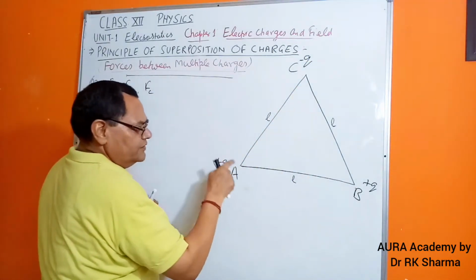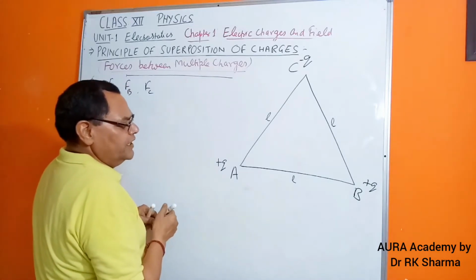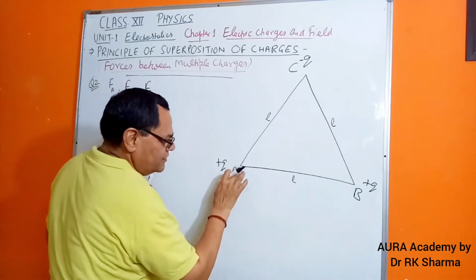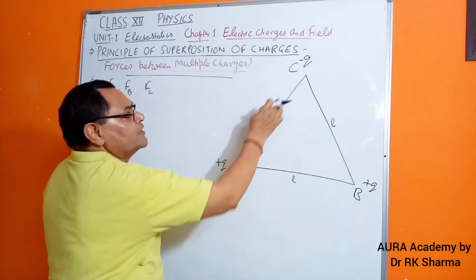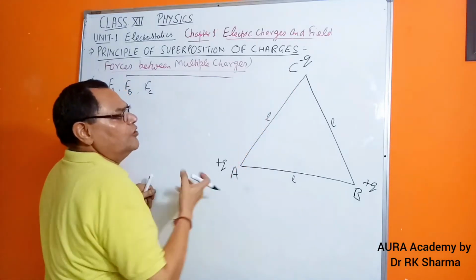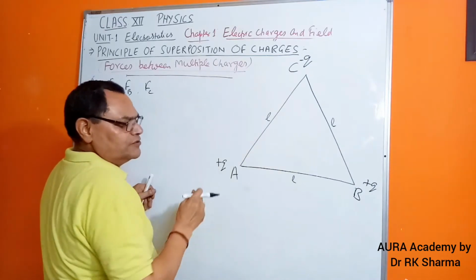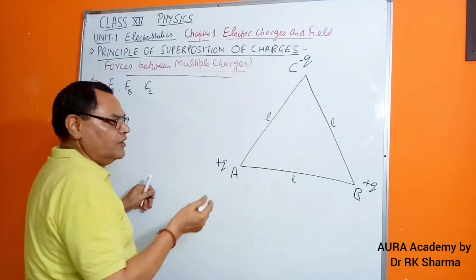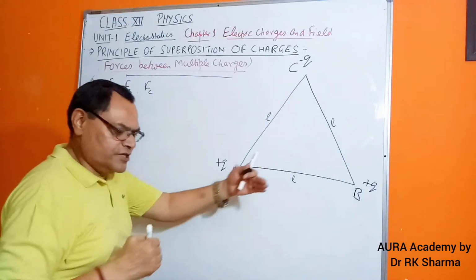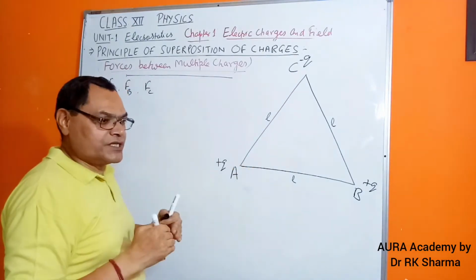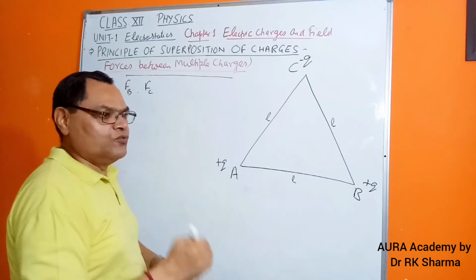So let us start with the first one. When you say the force at point A, where the positive q charge is there, due to this, how much will it be? So the charge is unknown, and in which direction, or what is the nature? This is the positive charge, this is the negative charge. So there is a force of attraction. Now the question is, which will attract what?